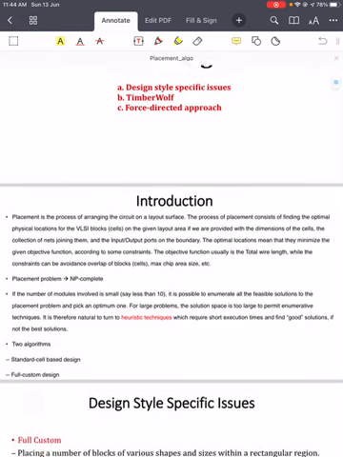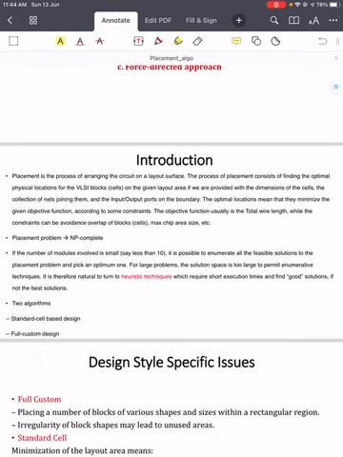Now we know that placement is the process of arranging the circuit on a layout surface. The process of placement consists of finding the optimum physical locations for the VLSI blocks or cells on the given layout area, if we are provided with the dimensions of the cells, the collection of the nets joining them, and the input-output ports on the boundary.